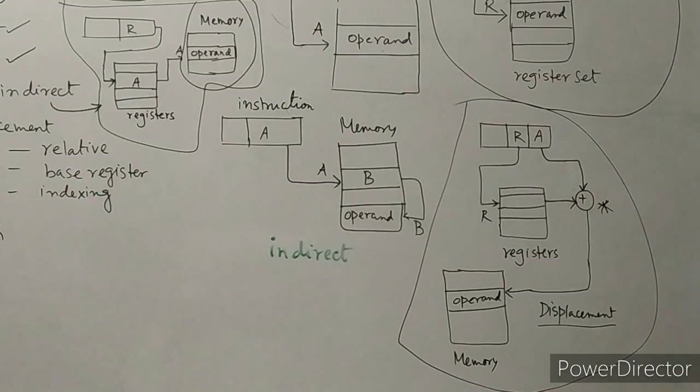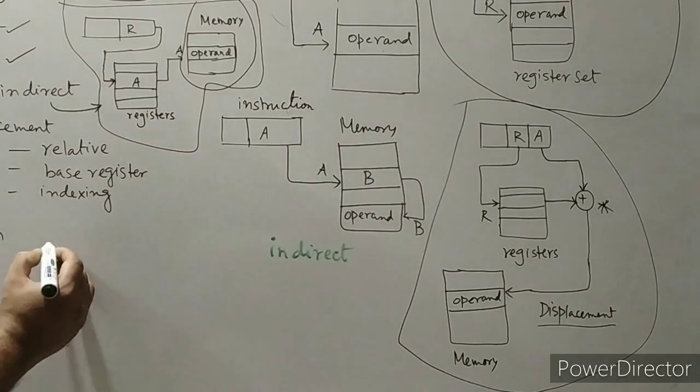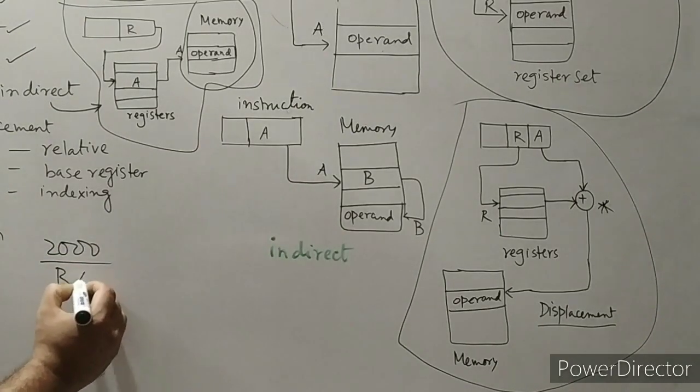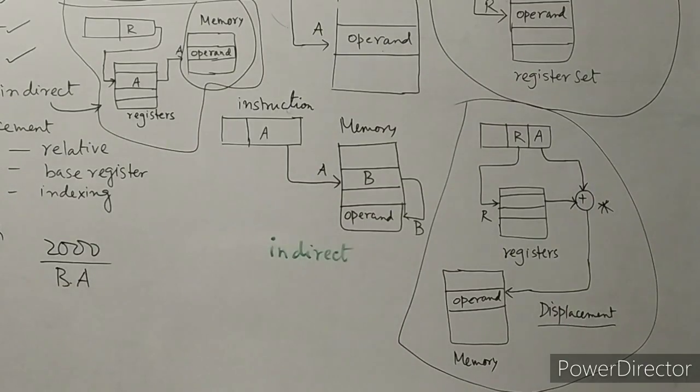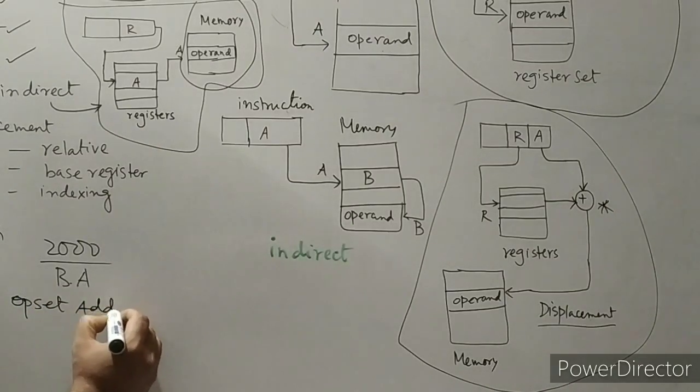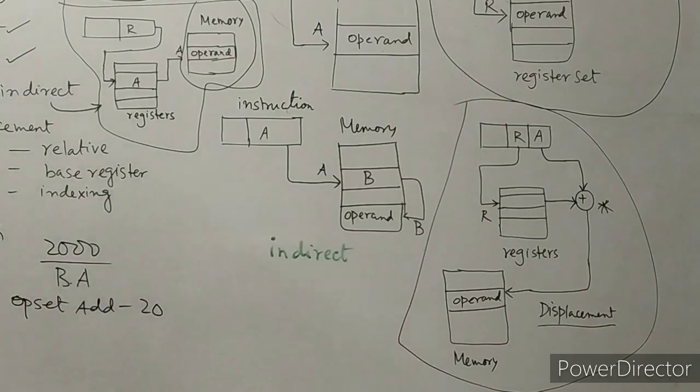I am giving one example. Let us suppose the base address, BA, is 2000 and the offset address is 20.